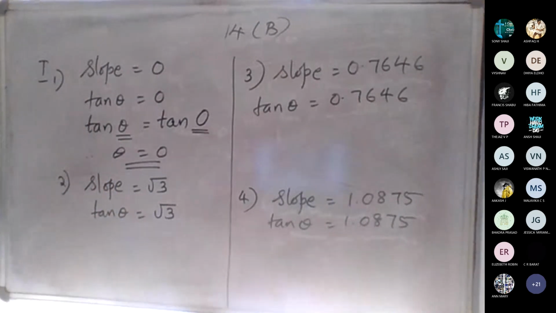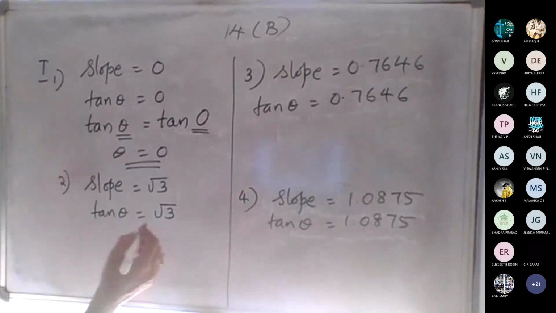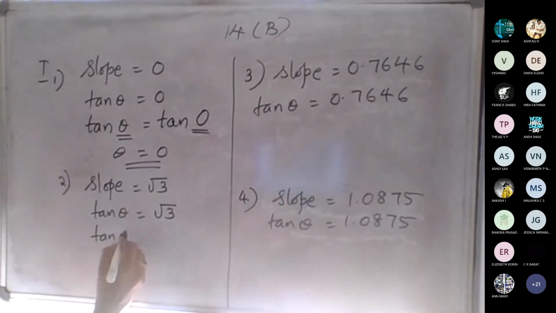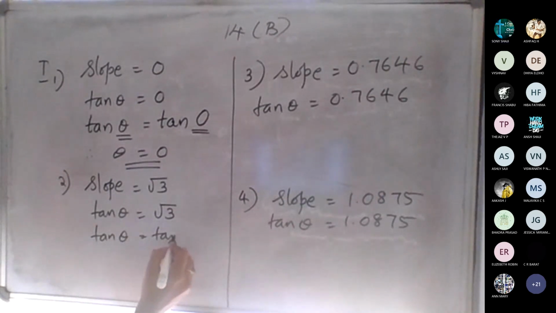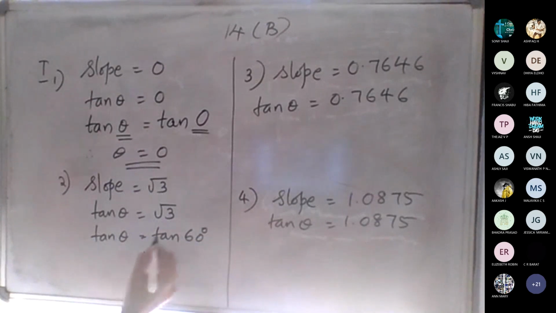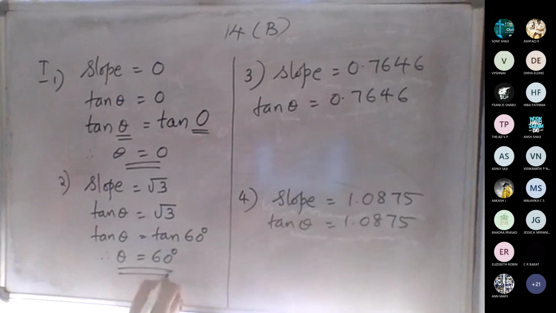Already we discussed that tan theta is equal to tan 60 degree. Tan 60 is root 3. So therefore theta is equal to 60 degree.